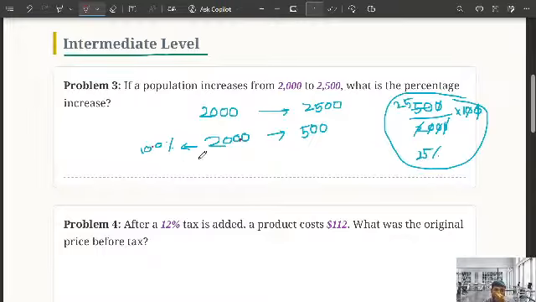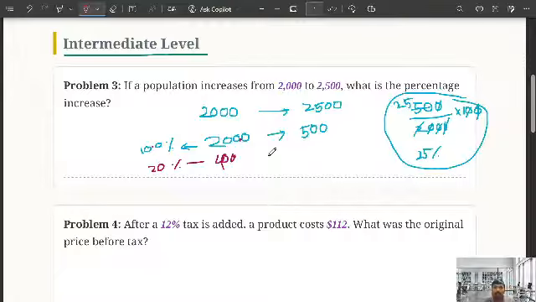So 10% means 200. So 20% means how much? 400. That means 20%.